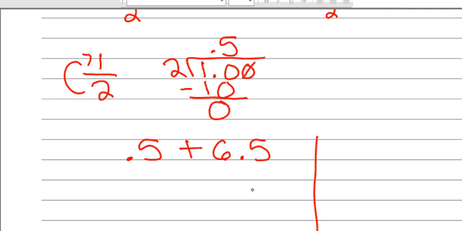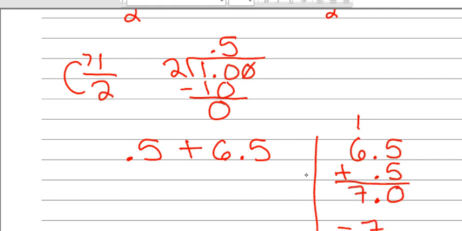I like to put the bigger number on top and make sure you line up your decimal points. And we did this in 5-2 part A. And I'm just going to add down. So my answer is 7. You can do 7.0 if that's easier for you, but 7.0 really is just 7. And that's it. So you're just changing your fraction over to a decimal, and then you're adding.